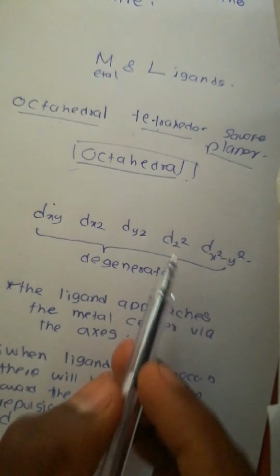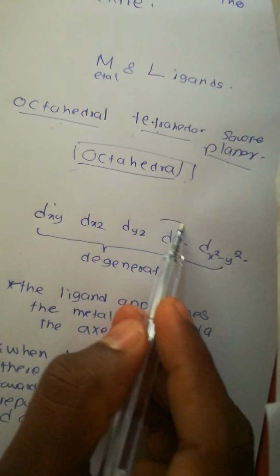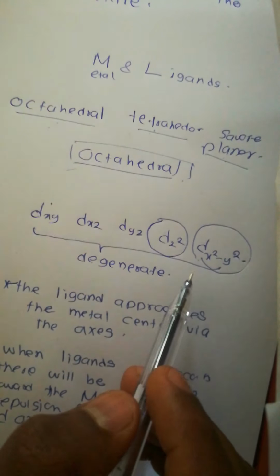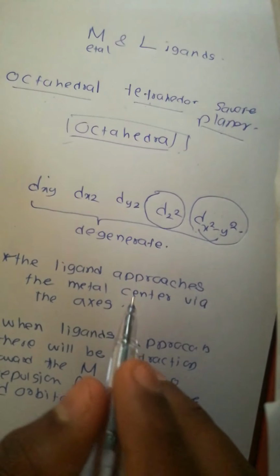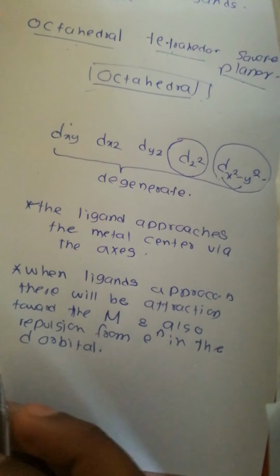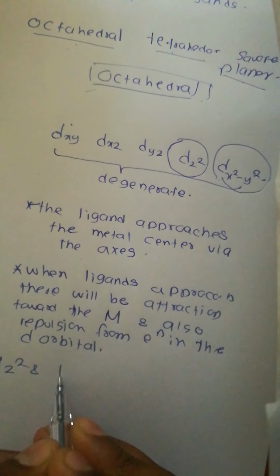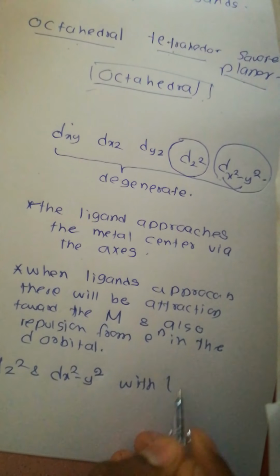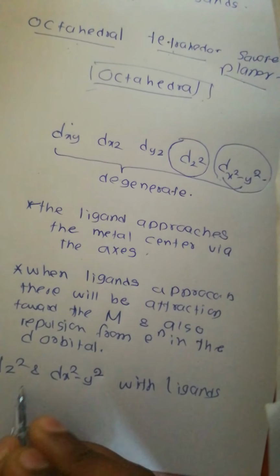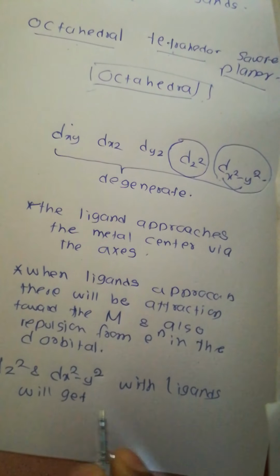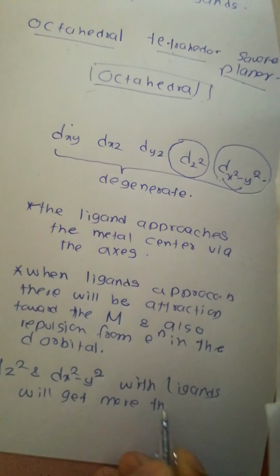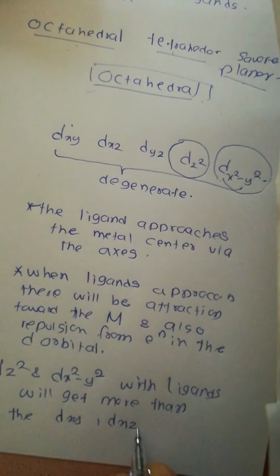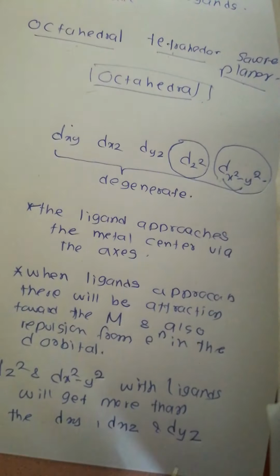As we can see here, the dz squared orbital and the dx squared minus y squared orbital lie along the axis. Therefore, the repulsion between the dz squared and dx squared minus y squared orbitals and the ligands will be more than for the dxy, dxz, and dyz orbitals.